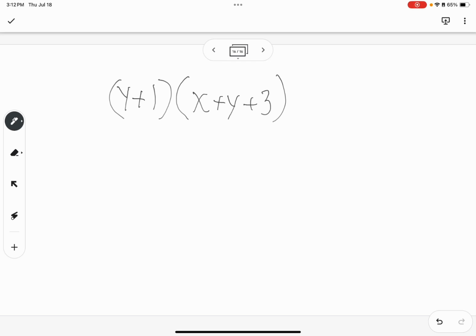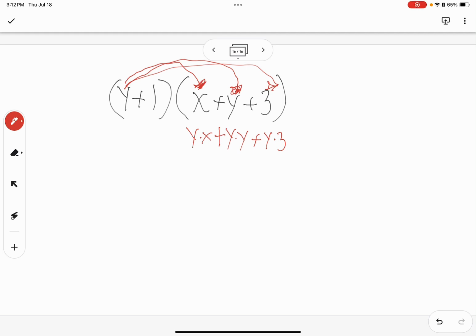We are going to start by, let's multiply the first term of y. We'll multiply that by x. So that's y times x. And then we'll bring down the plus sign. And then y by that term, y times y. Bring down the plus sign. And y times 3.